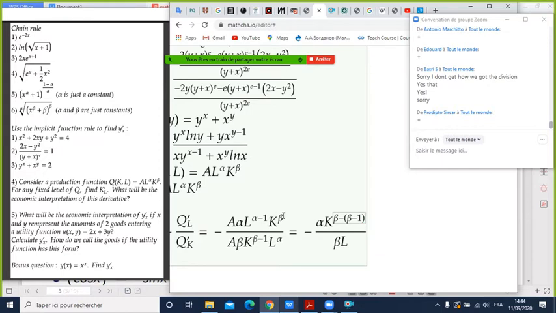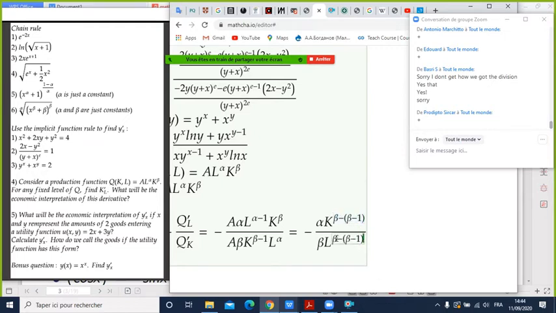What happened here? Well, just working with fractions and exponents. What I had is K to the power of beta divided by K to the power of beta minus 1, and we know that if we do the division, we have to subtract exponents. That's going to be the exponent of K, and the exponent of L is going to be absolutely the same, except we're having alpha.